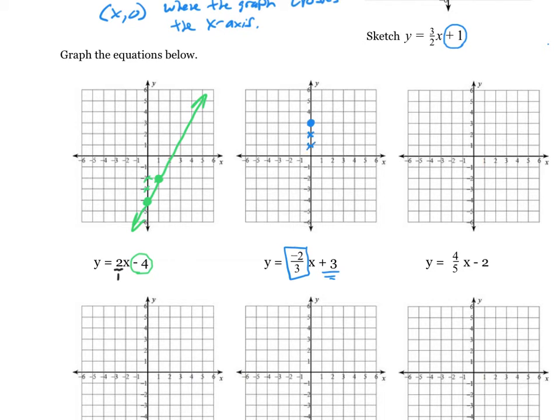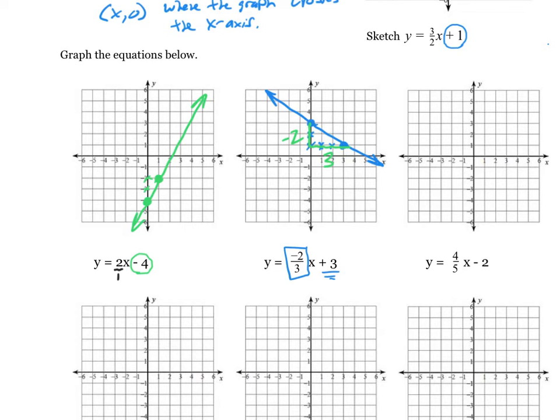So 1, 2. And then the bottom of the fraction, or the denominator, is a 3, so I count 3 to the right. Connect my 2 points. And there is my line. So, on this one, just realize we went down 2 over 3 because the slope was negative.